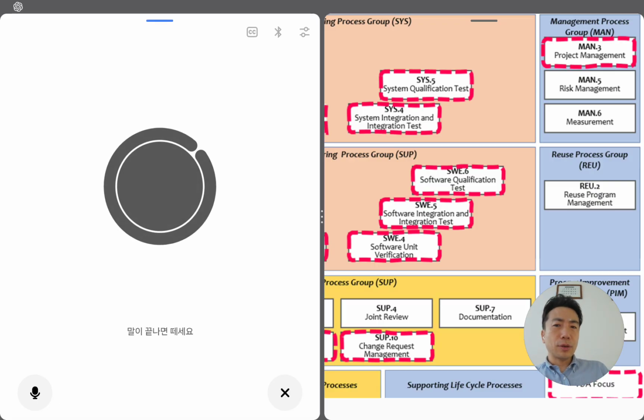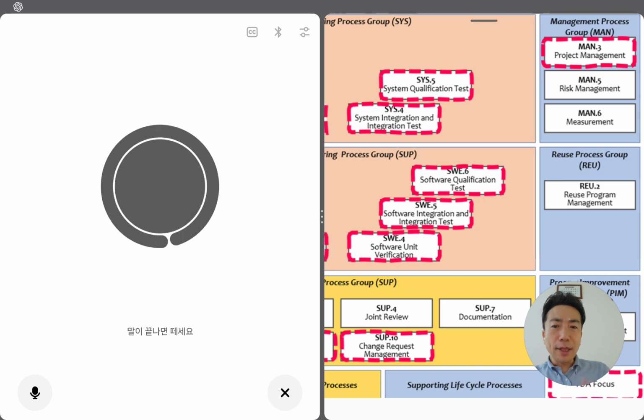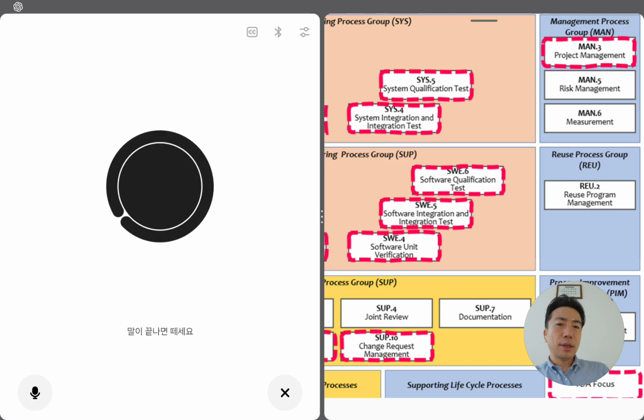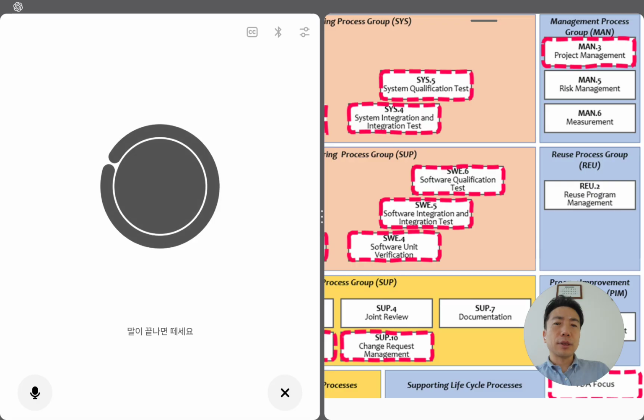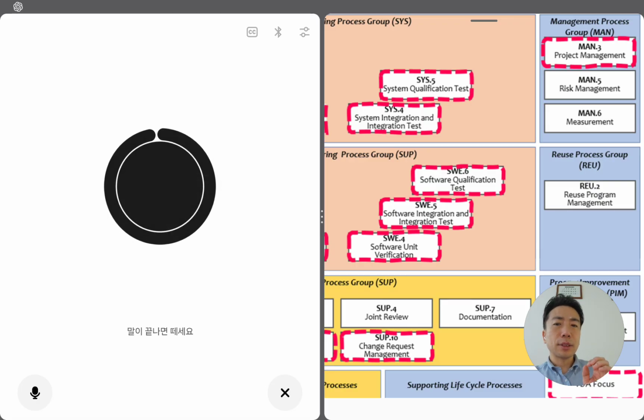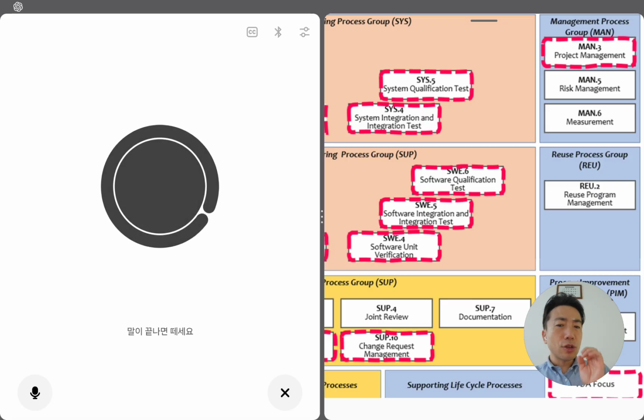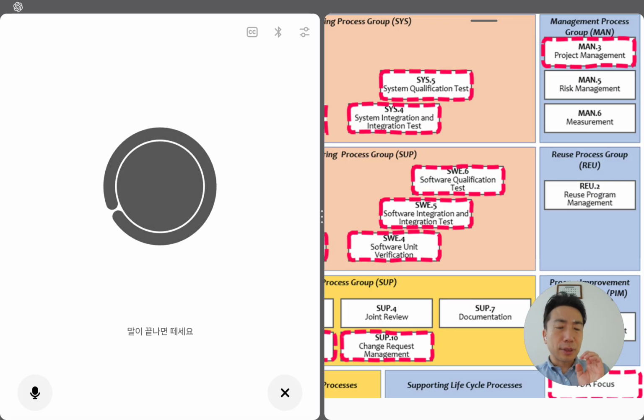Oh my God. So you mean if someone wants to change anything after a baseline, they must raise a change request, CR, and get approval from the CCB.